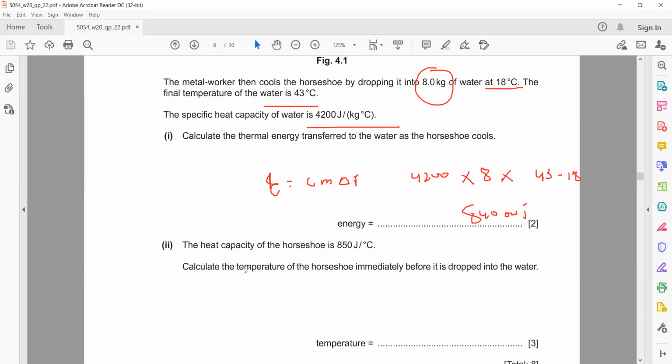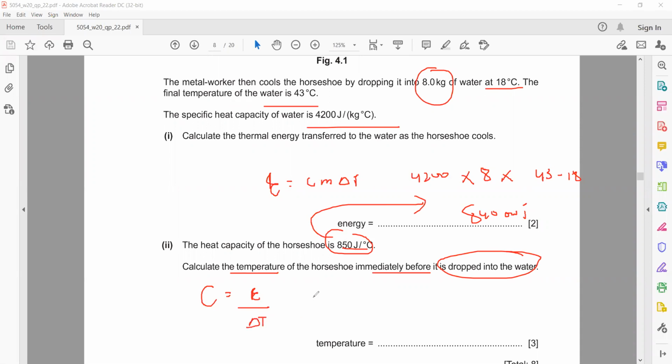Then calculate the temperature of the horseshoe immediately before it was dropped into the water. The thermal capacity is given. So what is our assumption? That all of this energy which is transferred to the water is from this horseshoe, and we have the formula: thermal capacity is energy divided by change in temperature. So the temperature change will be equal to energy divided by thermal capacity.